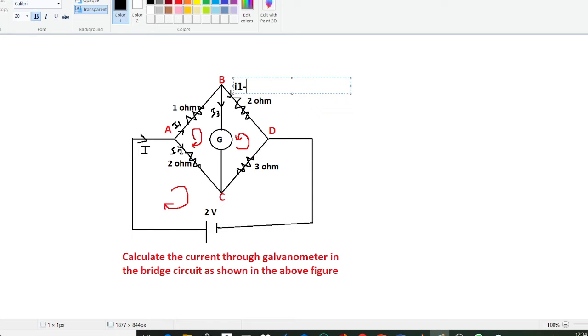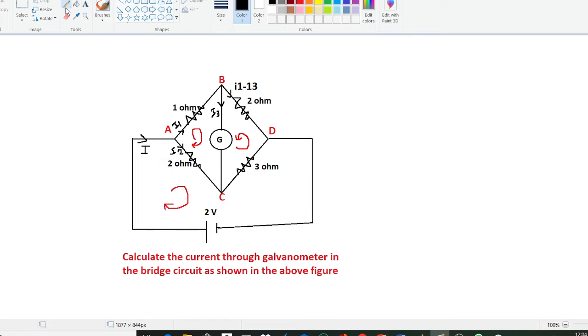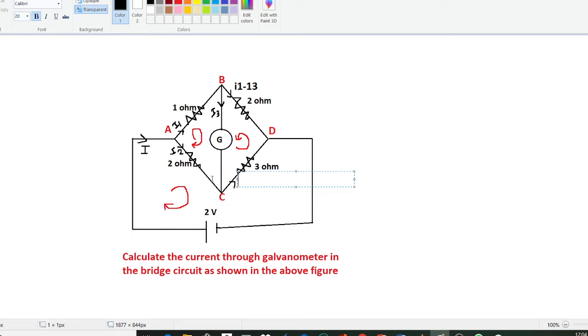And here the current flowing through this branch will be, since here I2 is incoming current, and similarly I3 is also incoming current, its outgoing current will be the sum, I2 plus I3.